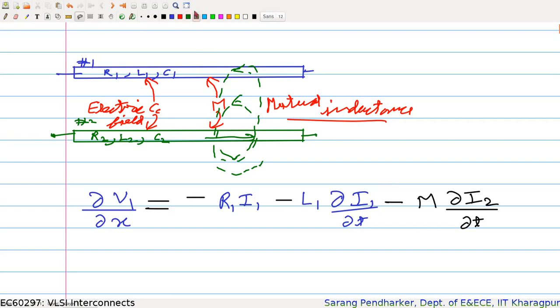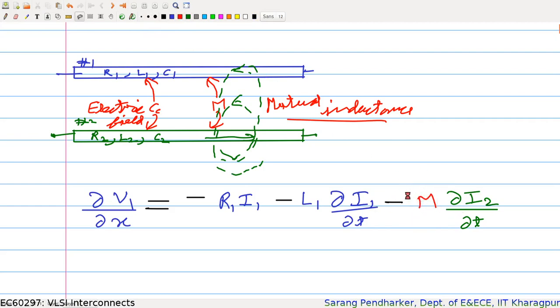Now there is an additional term here which is dependent on current 2. What it means is that the change in current 2 also induces some EMF on the first interconnect, and the coefficient of that is given by the mutual inductance.